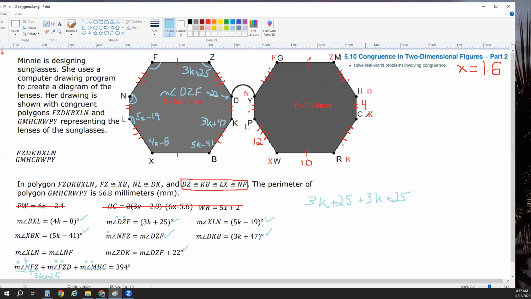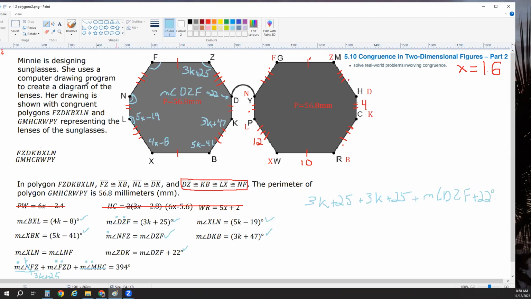MHC. MHC is the same as the measure of ZDK. ZDK is plus a measure of angle DZF, DZF plus 22.